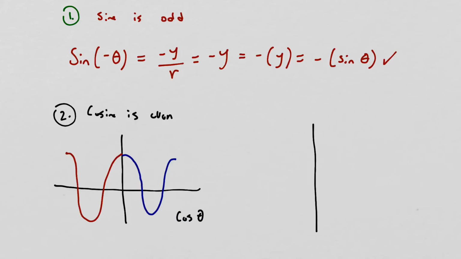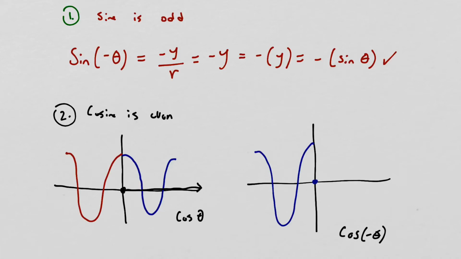Now, if we wanted to look at cosine of negative theta, then hopefully our function would look exactly the same. So recall that when we apply a reflection along the y-axis, everything on the right-hand side goes to the left-hand side, which means we're going to map the blue part of our curve to the following.